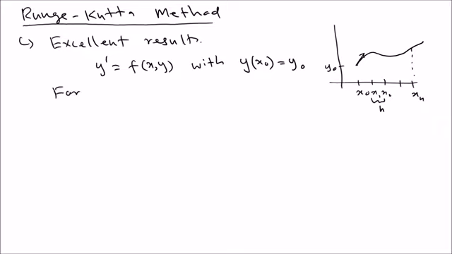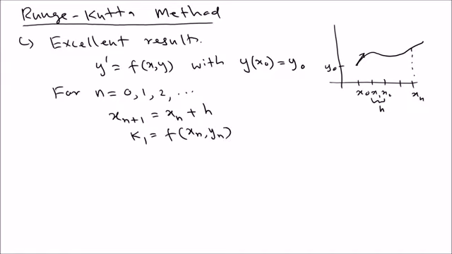What we're going to do is calculate several intermediate values. So we're going to go for n equals 0, 1, 2, depending on how many you need. As before, x(n+1) equals xn plus h, no change. But before we calculate y, we're going to calculate several other slopes. First, k1 is the slope at (xn, yn).